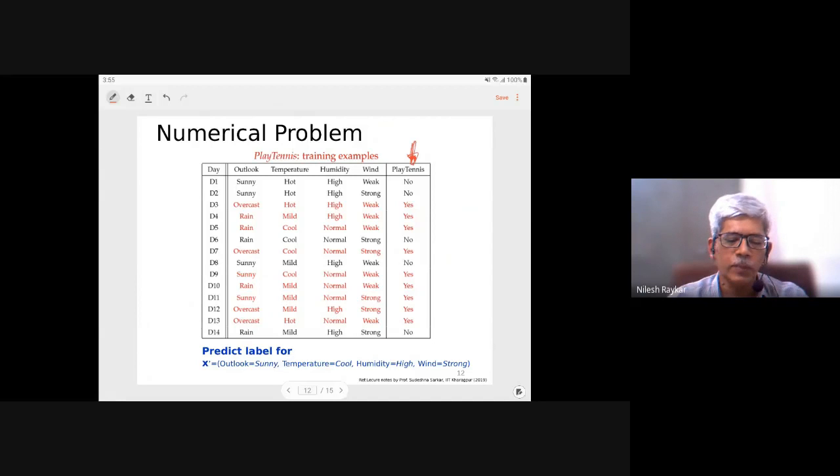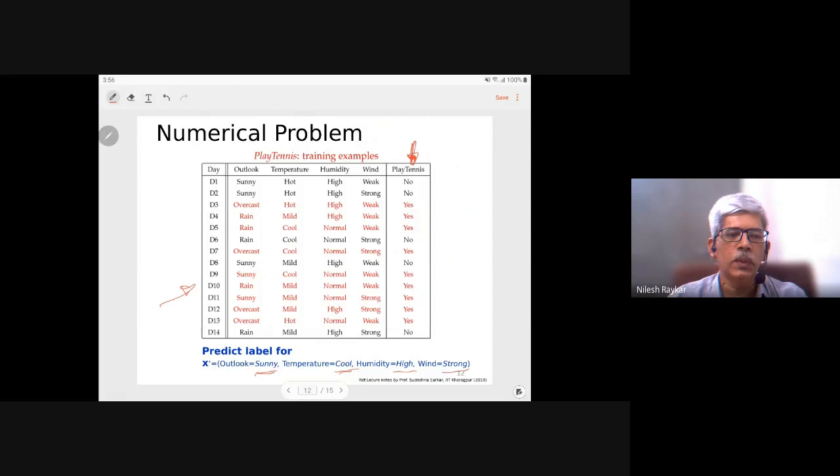Somebody wants to predict that today the day is sunny, the temperature is cool, the humidity is high, and the wind is strong. So will most of the players come to play or will they not come to play? If you look here, you will not find this particular combination, sunny and cool, anywhere in this database.